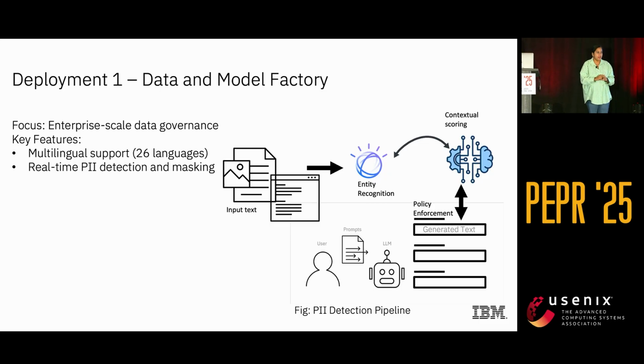For example, if I say Paris Hilton lives in New York, here the entity is Paris Hilton, and a classifier may misclassify Paris as a location versus a person's name.